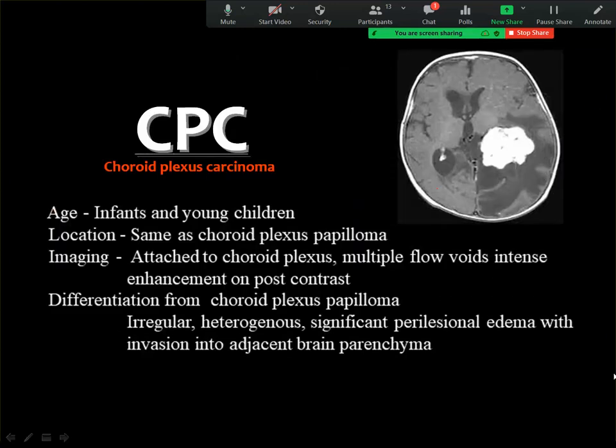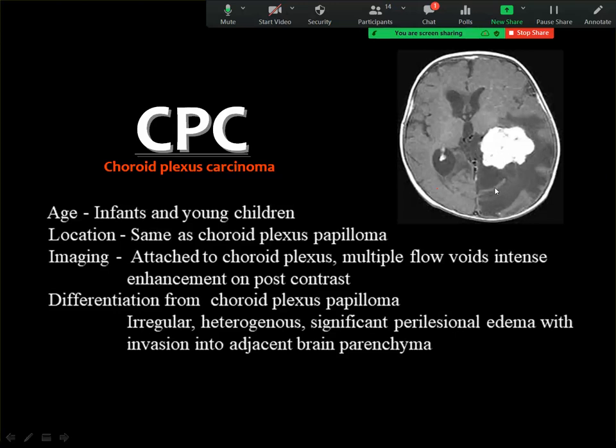Carcinoma of the choroid plexus is seen in the usual age of choroid plexus papilloma. It has the same location as the choroid plexus papilloma, and also the same pattern of enhancement.